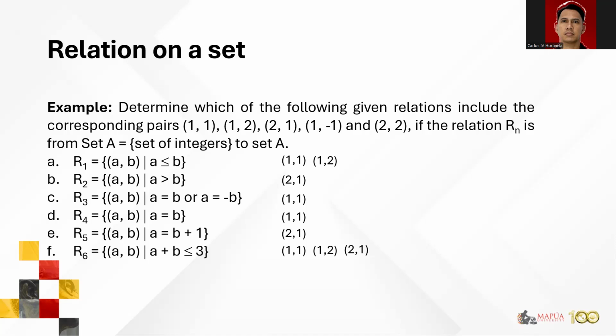The next ordered pair is 1, negative 1, which is included in R2, R3, and R6. And finally, 2, 2. Ordered pair 2, 2 is only included in relations R1, R3, and R4. That's it. There are no other relations that include the ordered pair 2, comma 2.